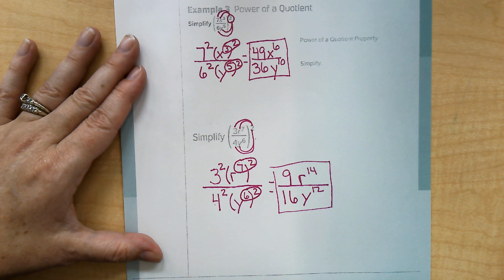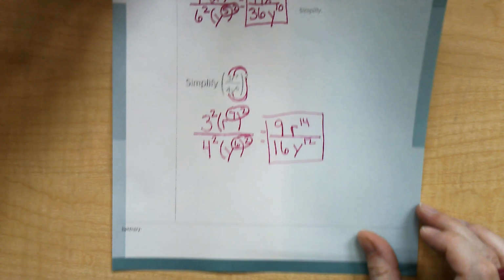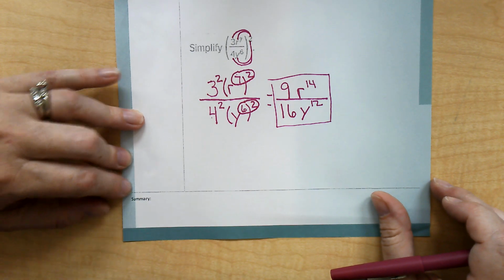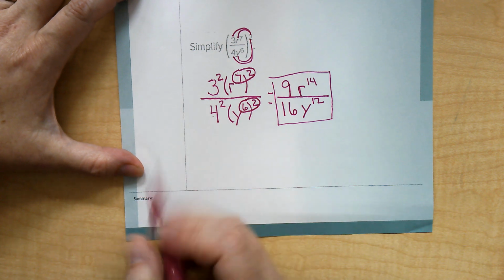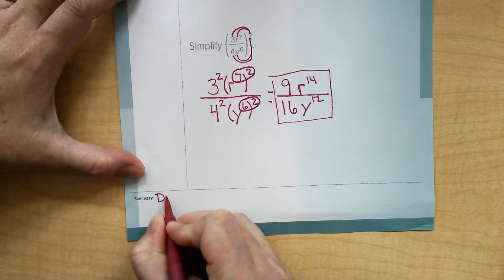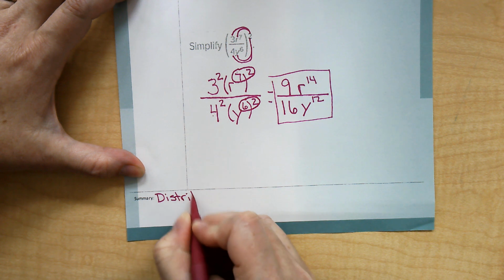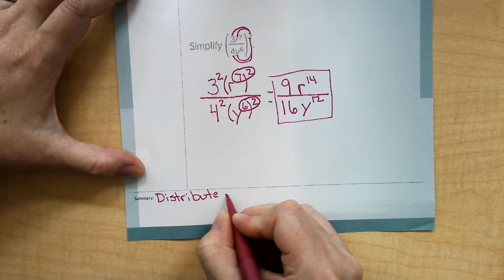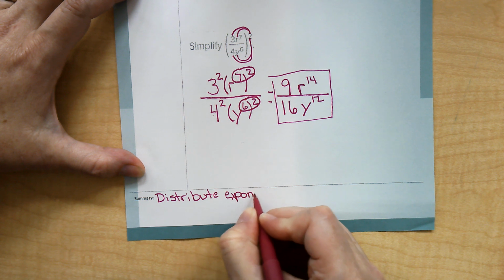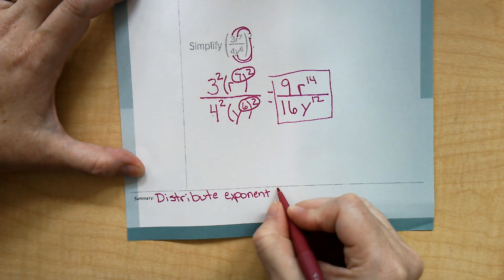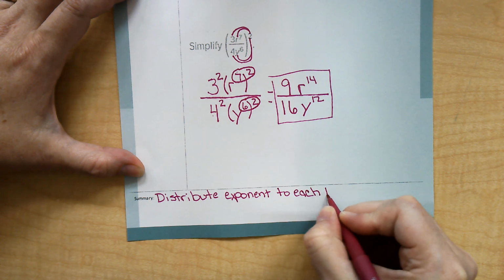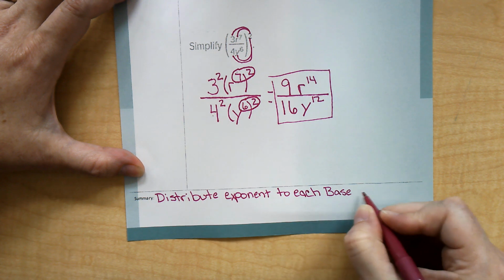Now I do have a summary for this one. So in our summary, when we are doing the power of a quotient, we are going to distribute that outside exponent to each base inside.